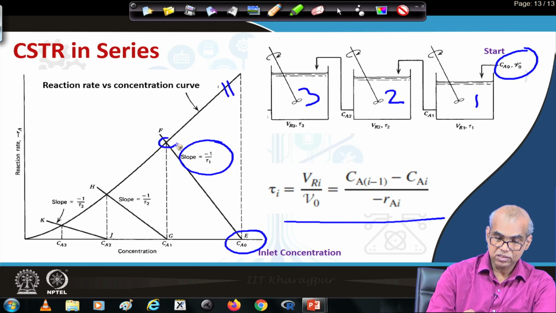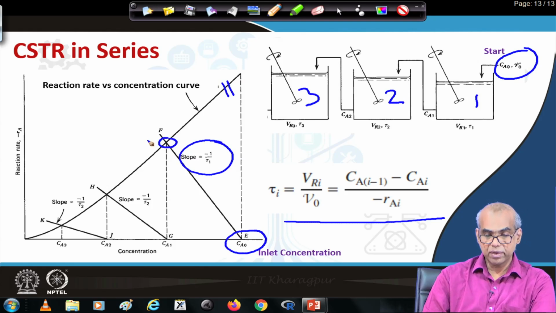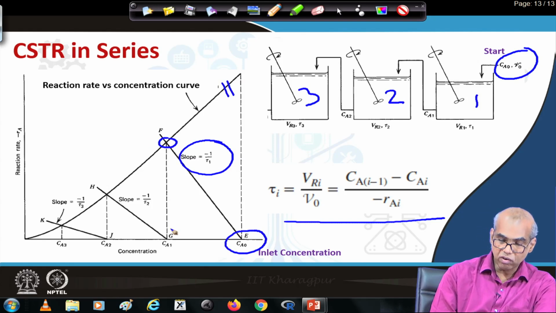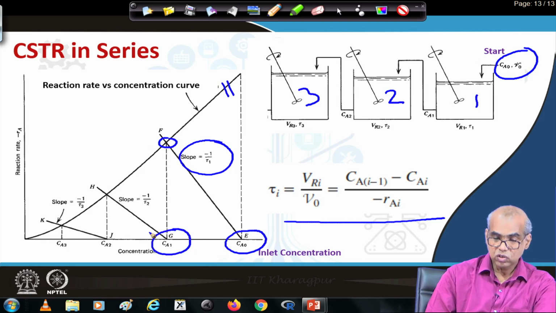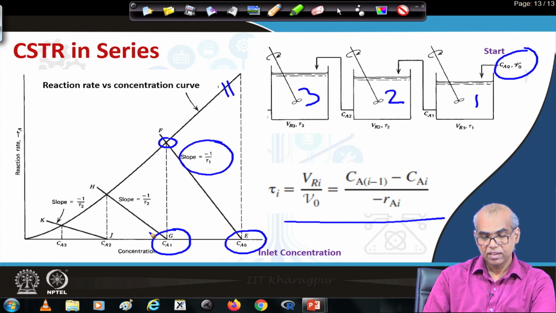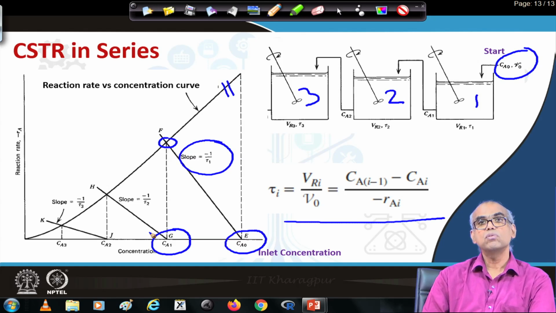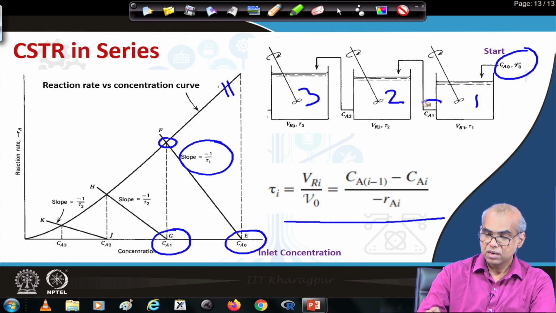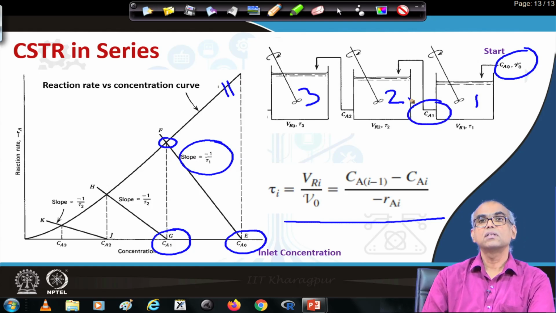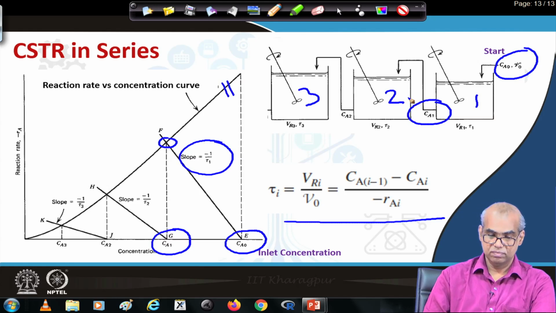The line intersects the red curve at point F. So, draw a perpendicular line on the concentration axis from point F, that gives you Ca1, that means the outlet concentration of CSTR 1.